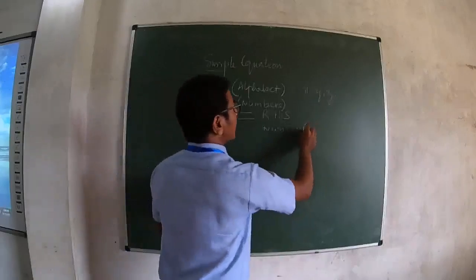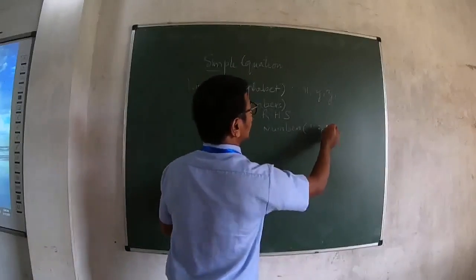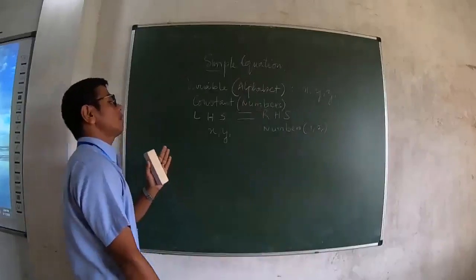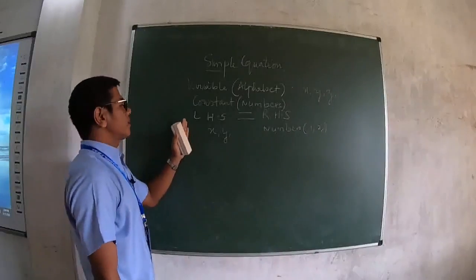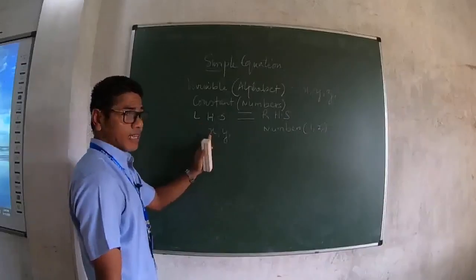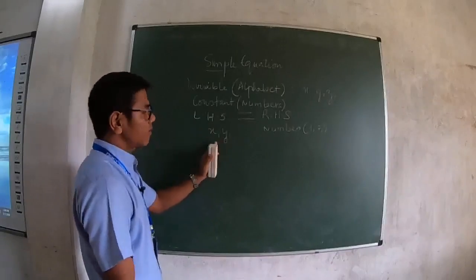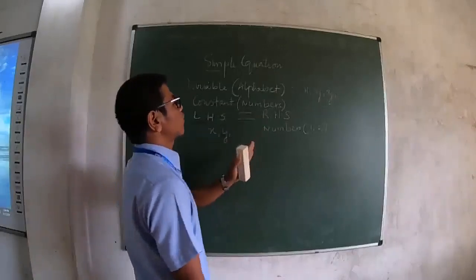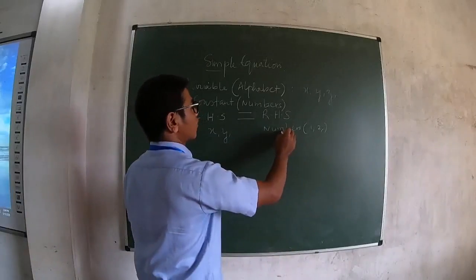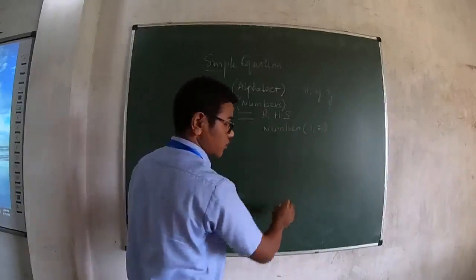It may be any number: 1, 2, 0, and so forth. The left hand side will have x as a subject or y as a subject, and the right hand side will have the constants, which are the numbers.